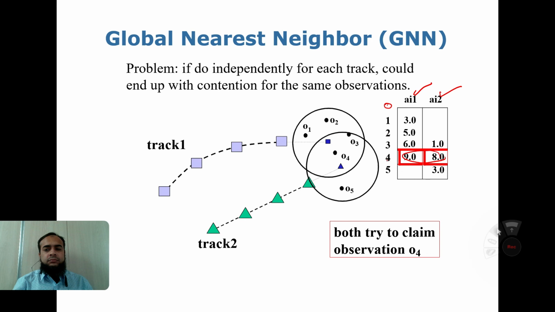So track one has observation 4 with a maximum score of 0.9, and track two also has a maximum score for observation 4. So here we can see that both tracks try to claim observation 4.